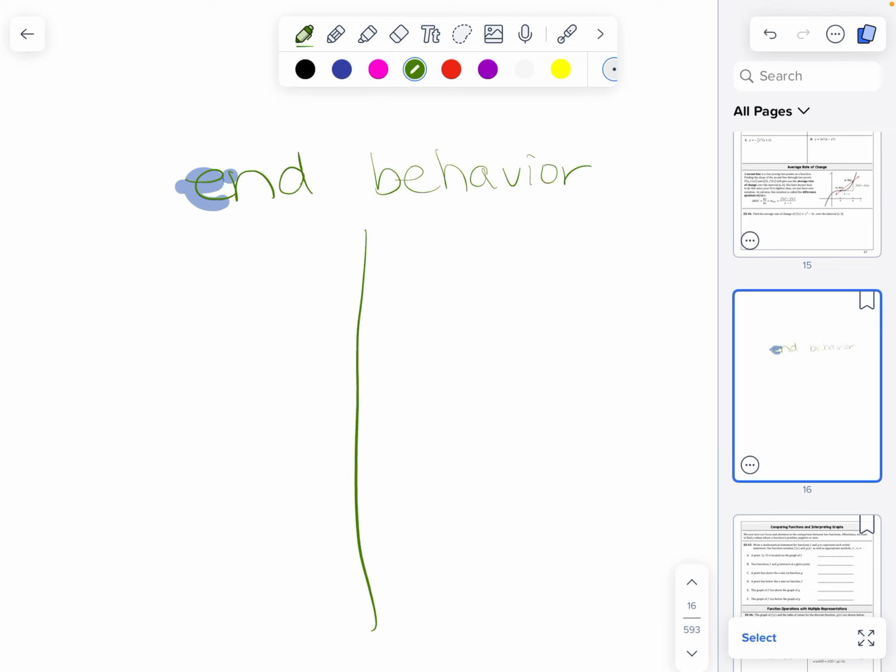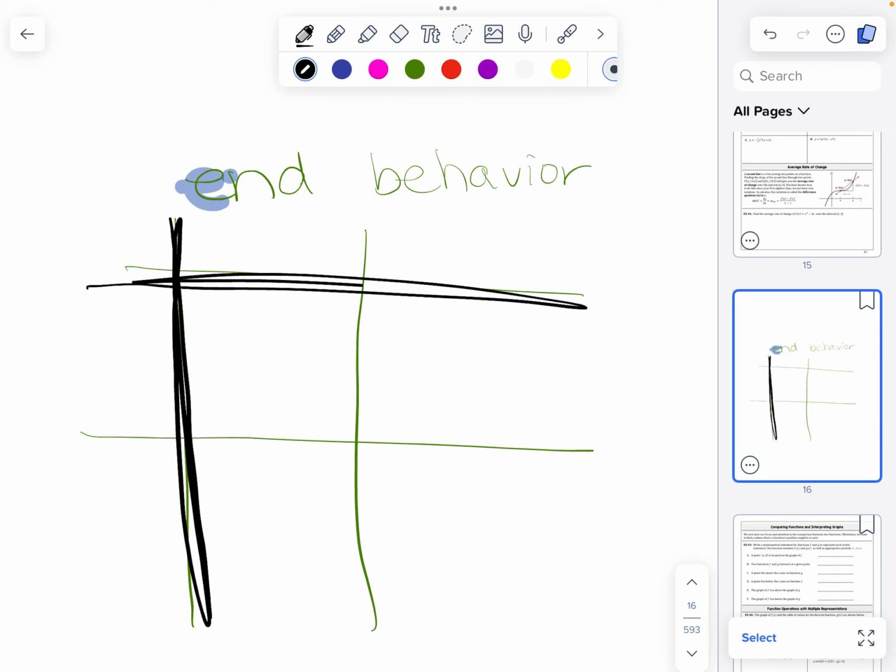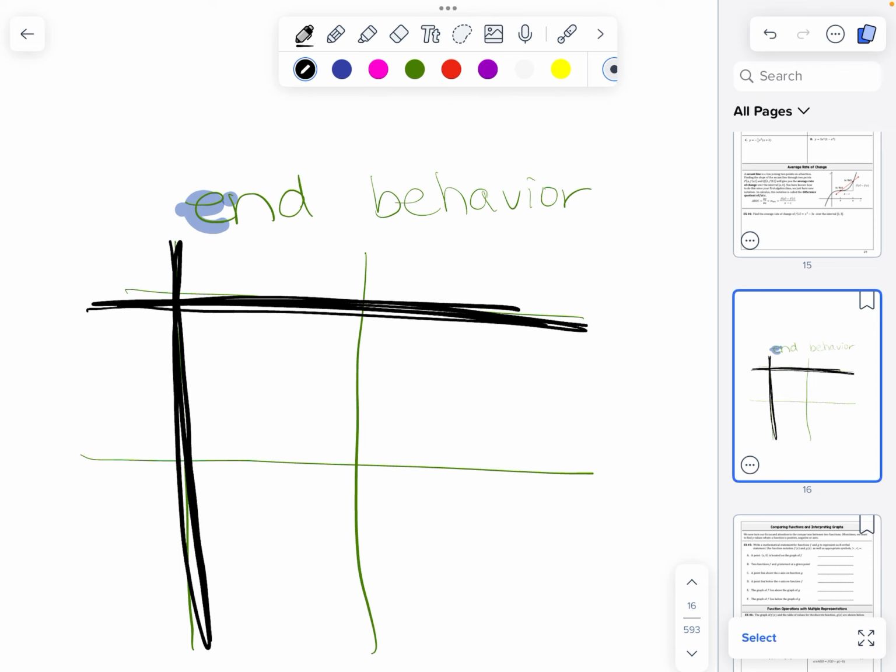So in end behavior, we are comparing 2 things. Okay, so make this chart. You can make this one nice and thick here. So make this one thick and make this one thick. Okay, so the first thing we're going to compare is the degree. Remember, the degree is the highest exponent of that function.